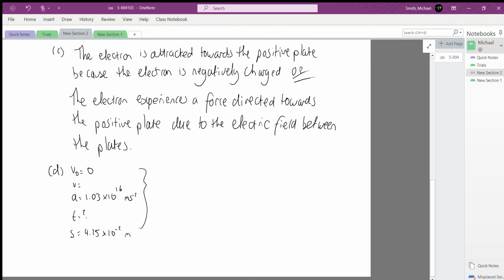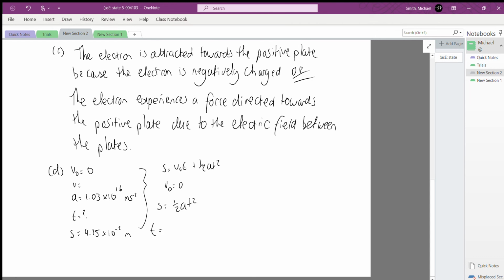So we can just use one of our SUVAT equations. So here s is v0 t plus half a t squared. Since v0 is 0, we can just rewrite this as s is half a t squared. We want the time, so just rearranging this for time, it's fairly easy.